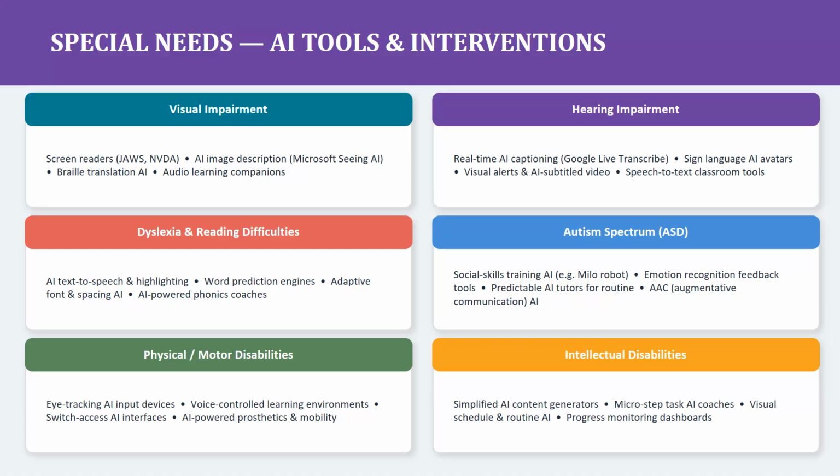Dyslexia and reading difficulties is a special need. Autism spectrum is a special need. Then we have physical, stroke, mental, motor disability, which is also a special need. And then we have intellectual disabilities.